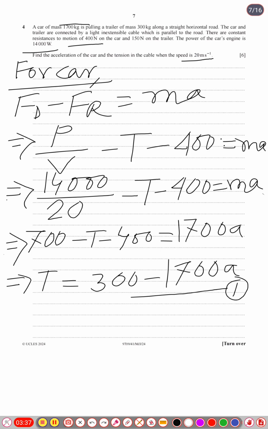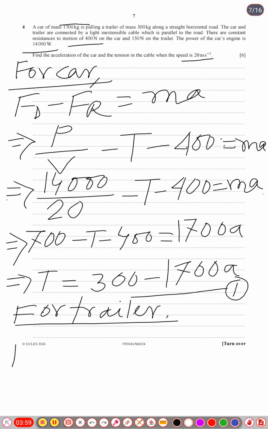Let's see what will happen in case of the trailer. For the trailer, we are going to apply the same Newtonian law of motion. The same formula: driving force minus resistance force will be proportional to mass into acceleration.